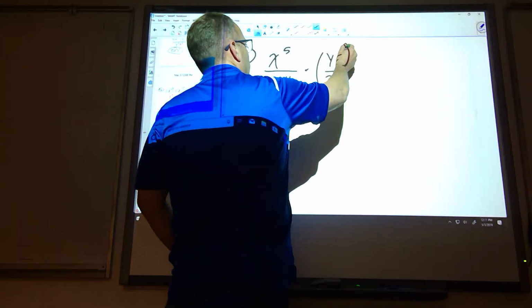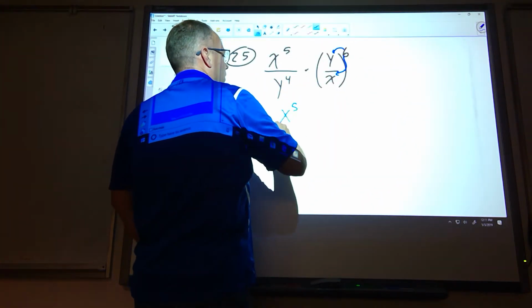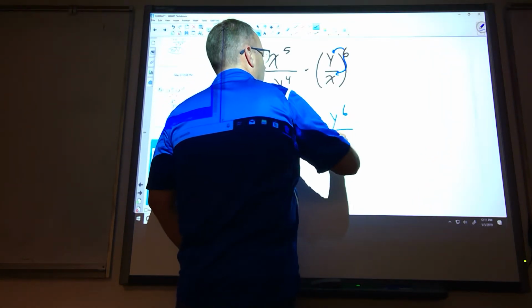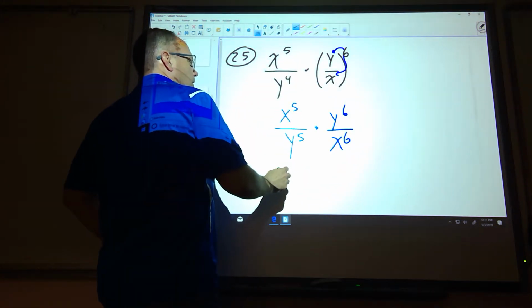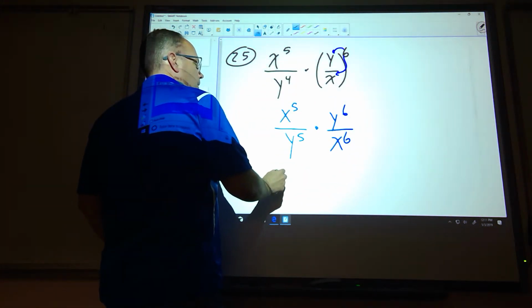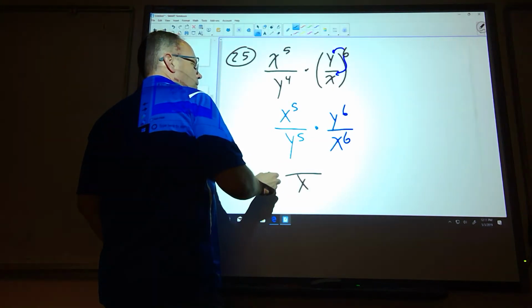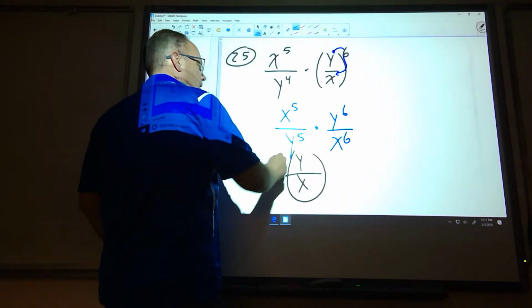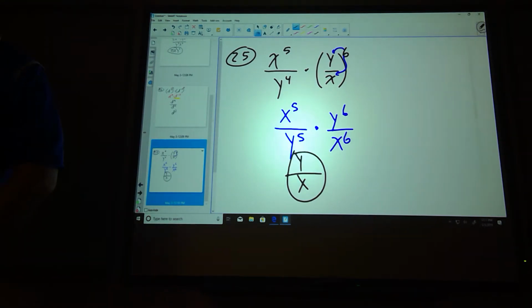So let's bring this in here and here. Okay, tug of war. Who wins, top or bottom for x's? Bottom by 1, so that's just x. Tug of war with y's. Who wins, top or bottom? Top by 1. Done. And yes, you could have it y to the first and x to the first if you wanted to.